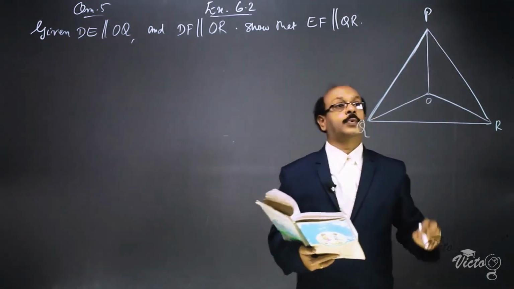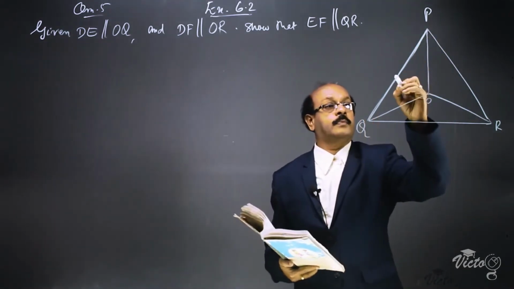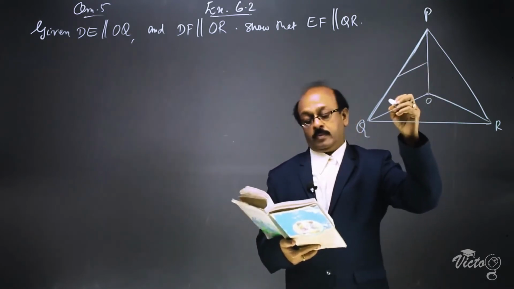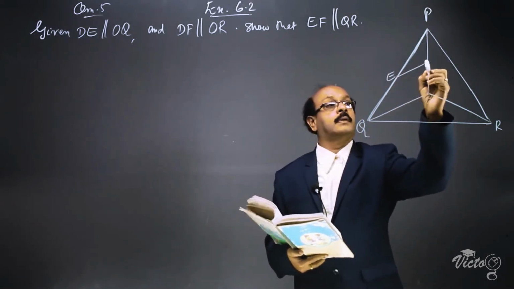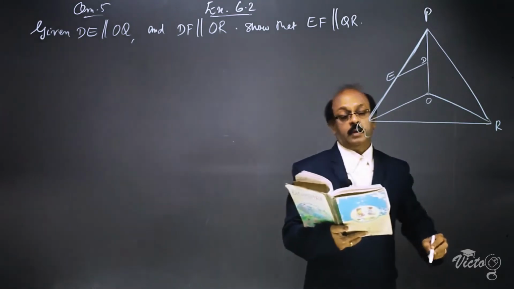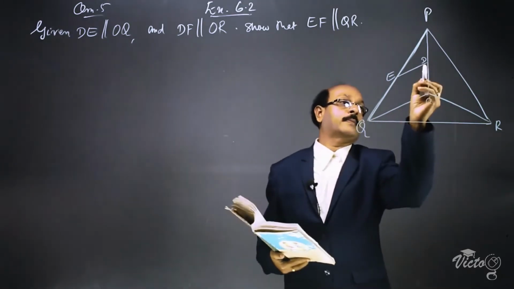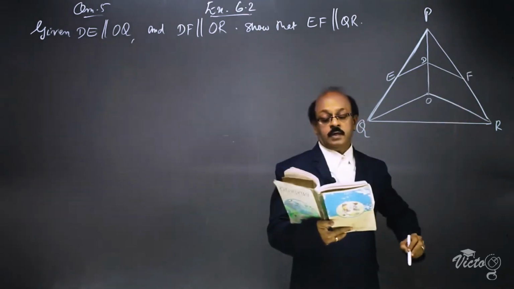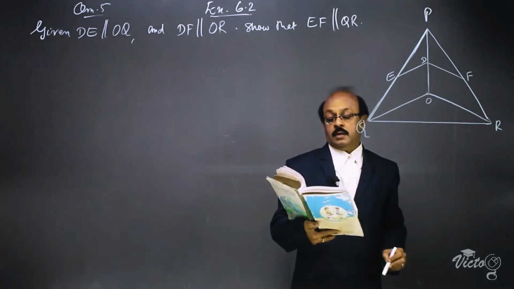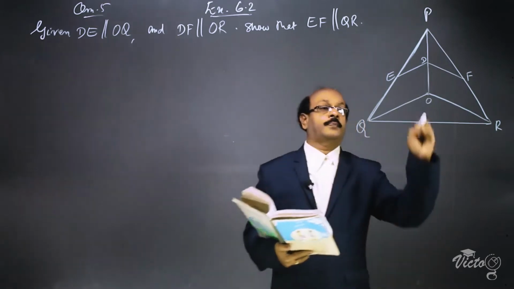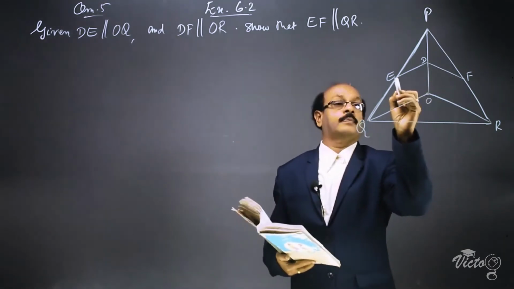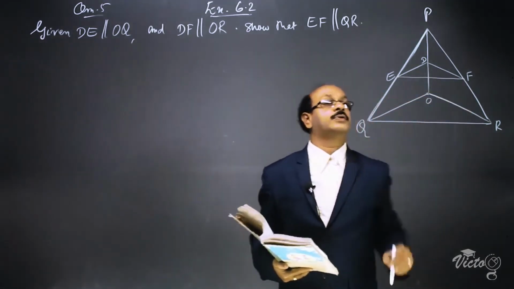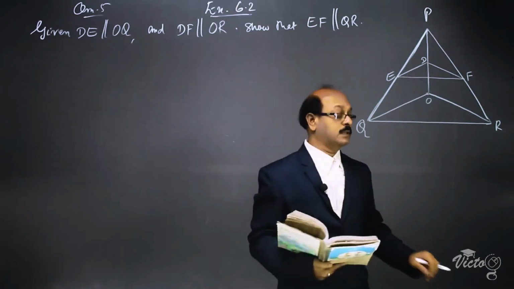DE is parallel to OQ, and DF is parallel to OR. This is the given figure. We have to prove that EF is parallel to QR. Join EF. This is the question.